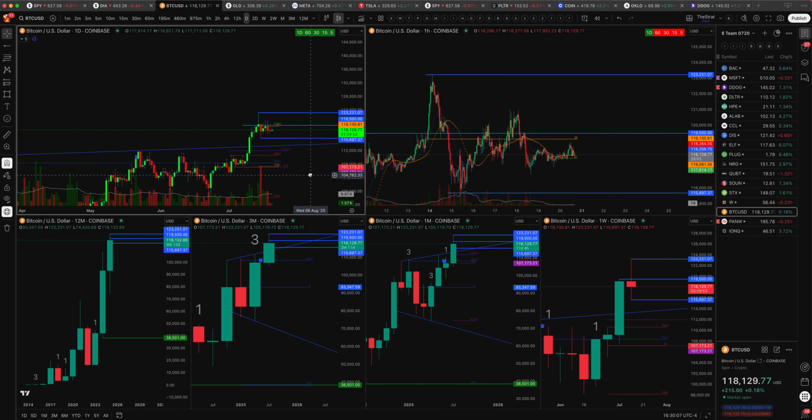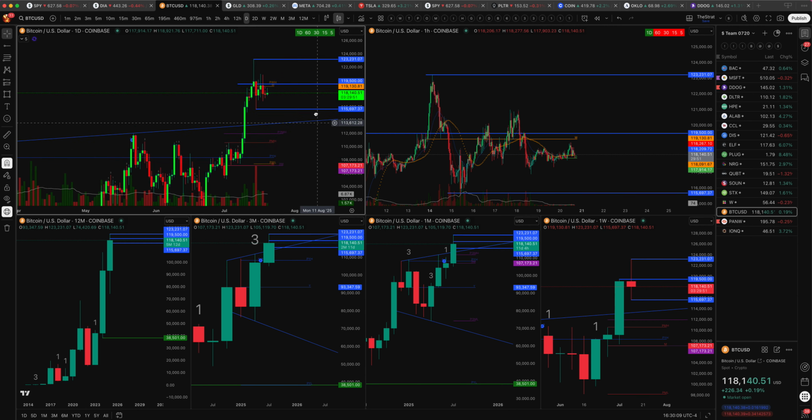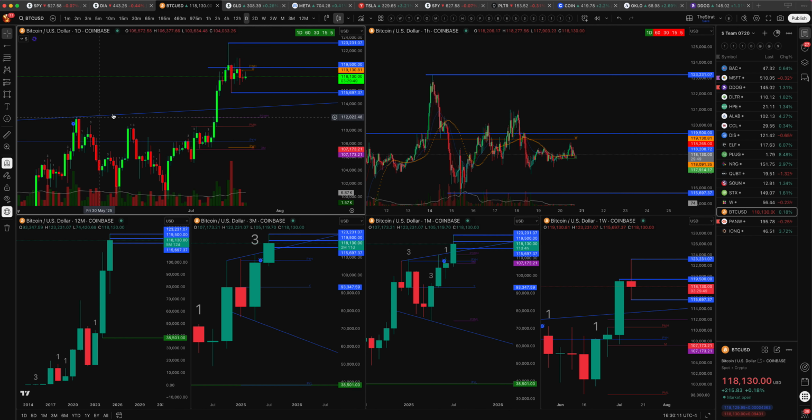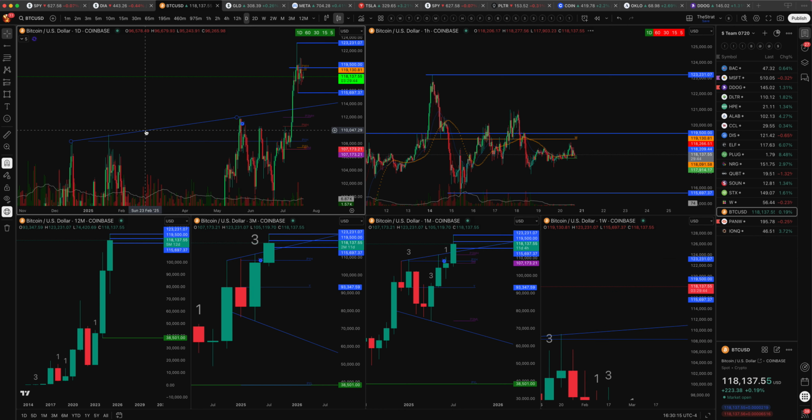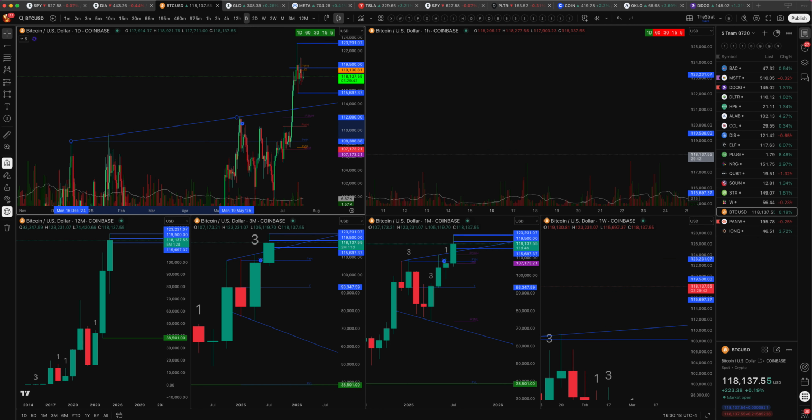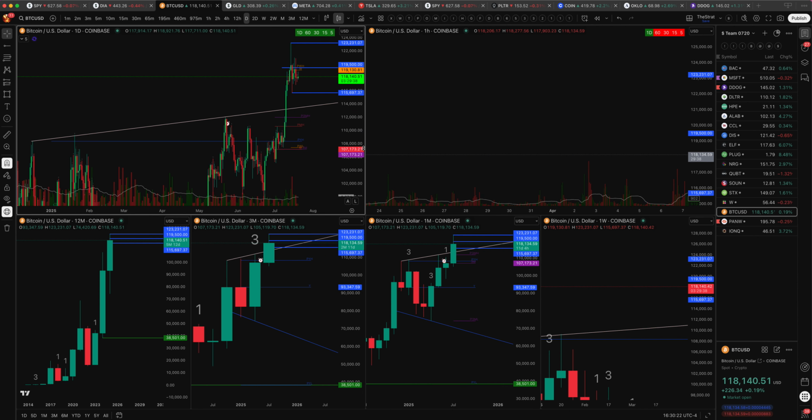But if you're looking for an expansion to the upside, then what I would do on Bitcoin, given that this is kind of the broadening formation line, I'll make that a bit brighter so you can catch it, so this white line here.